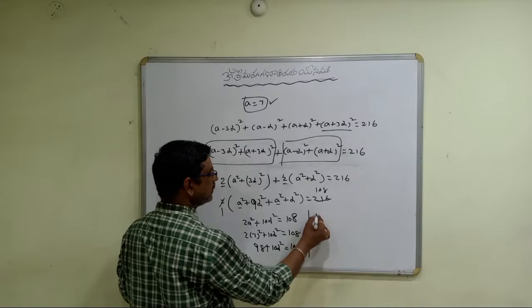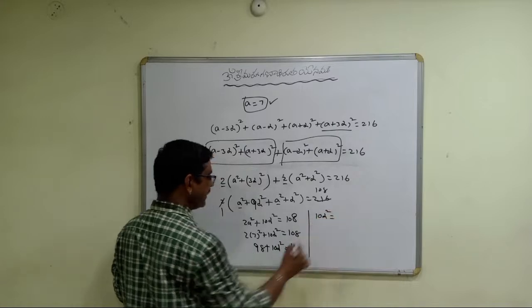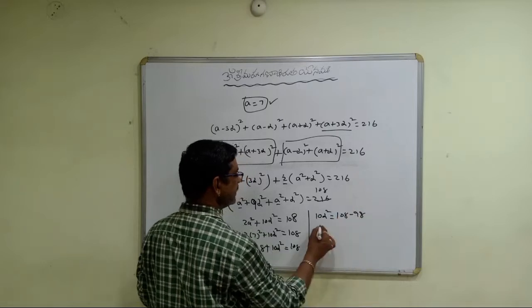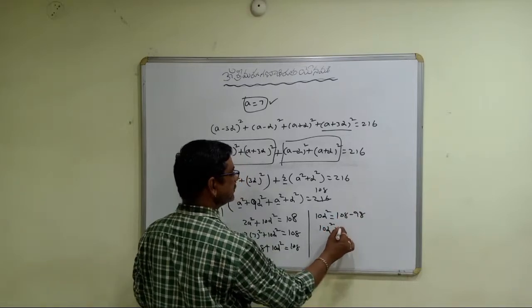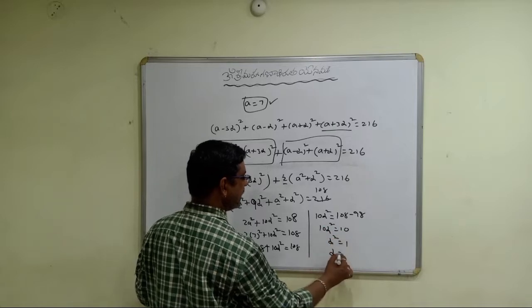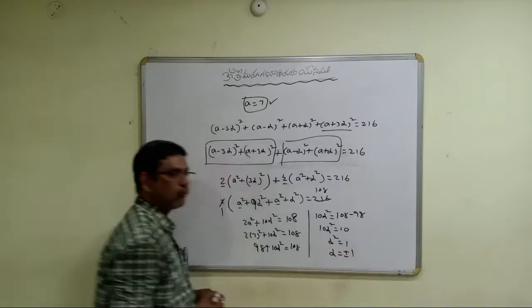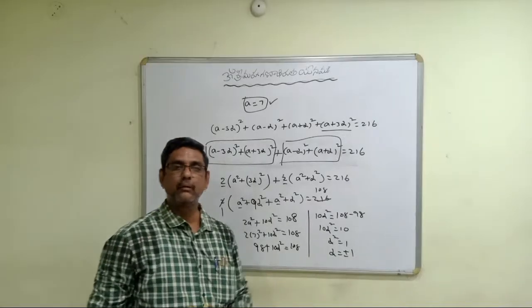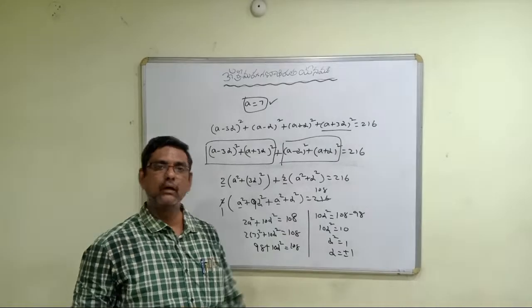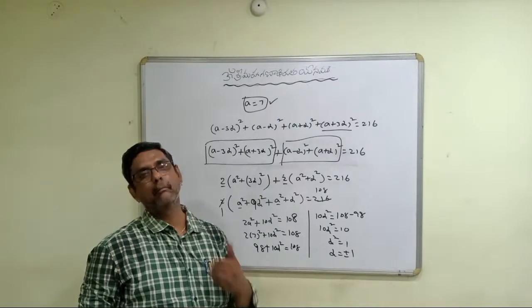Then 10d square you can get as 108 minus 98. So 10d square is 10, d square is 1 and d is plus or minus 1. That means d can take a value either plus 1 or minus 1.